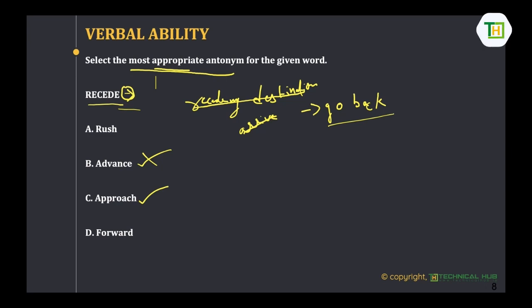Correct, that's what we say. Forward, that is precede, so here forward is wrong. Good, good, many people are responding on my WhatsApp actually. So precede means forward, but here the antonym of recede is approach only. This is the right one.